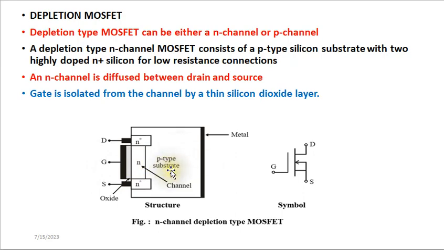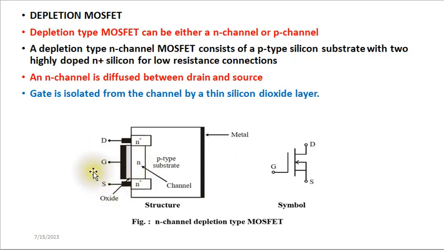And in the P-type substrate, we have minority electrons, and these electrons will now be attracted by this positive. So the number of electrons in the N channel will keep on increasing. That is why we call this one enhancement mode. We are increasing the concentration of the majority charge carriers, which are electrons in the N channel.